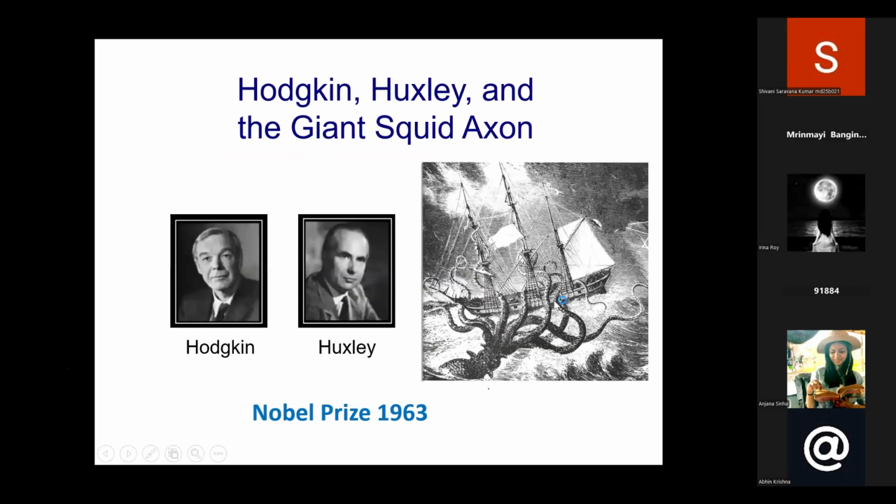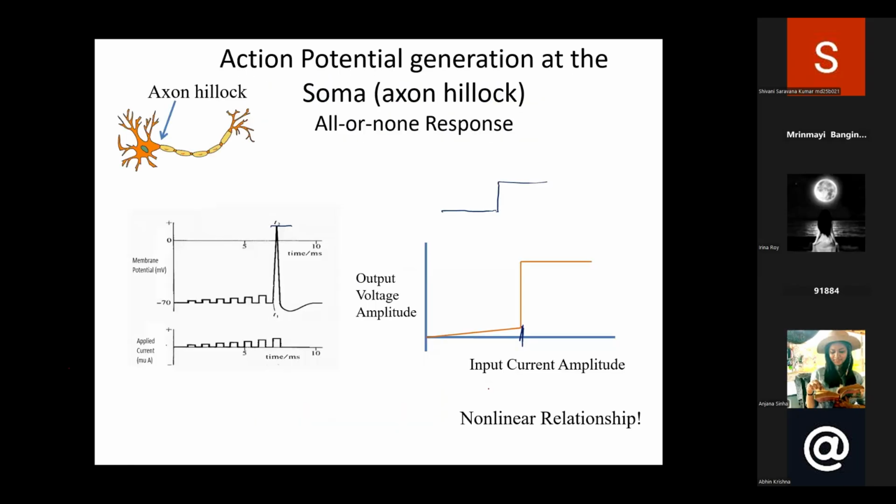That's how a neuron's charge gets discharged, and then it gets ready for the next discharge. All this was worked out by Hodgkin and Huxley in their famous model. When you give these input current pulses, up to a point there's a proportional rise in the voltage. But once a threshold is crossed, suddenly it gives a huge response.